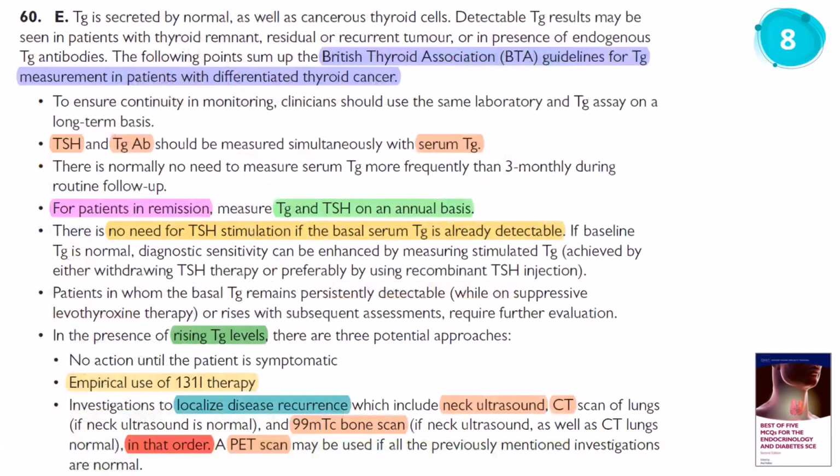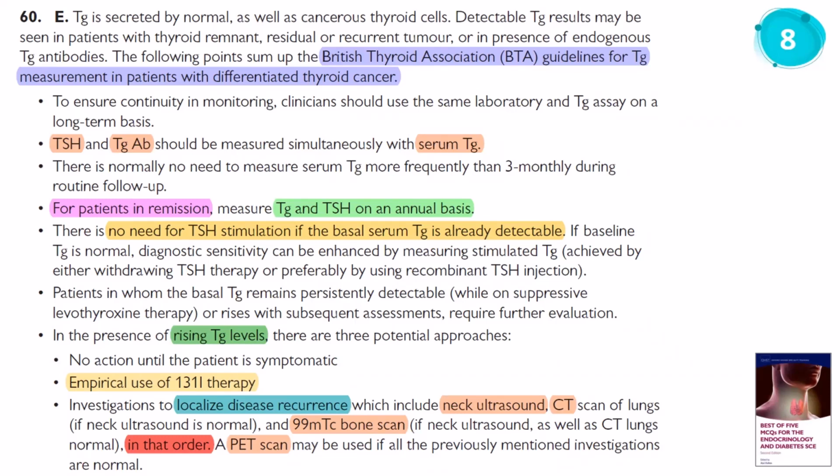And this is from the British Thyroid Association guidelines for TG measurement in patients with differentiated thyroid cancer. To ensure continuity in monitoring, clinicians should use the same laboratory and TG assay on a long-term basis. Each time, you should do the TG assay in the same lab.